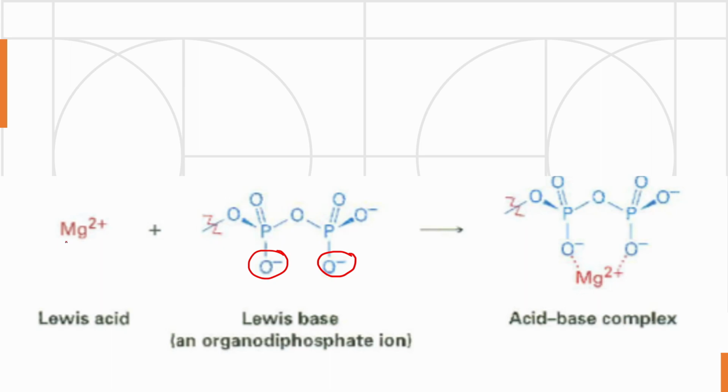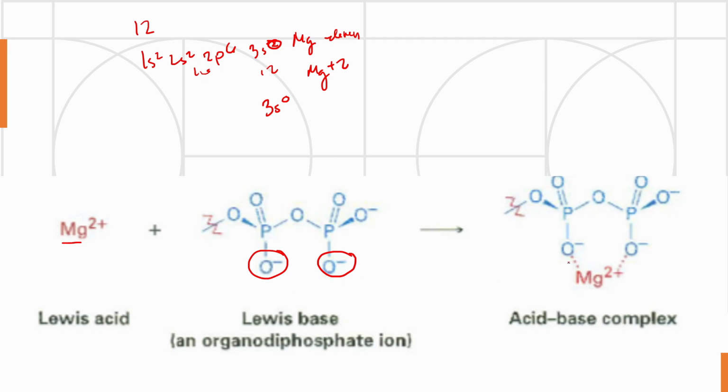Magnesium is 12: 1s2, 2s2, 2p6, 3s2, so 10, 12. This is the magnesium element. Magnesium ion has an empty 3s orbital, so it can bond twice. They can share an electron pair twice.